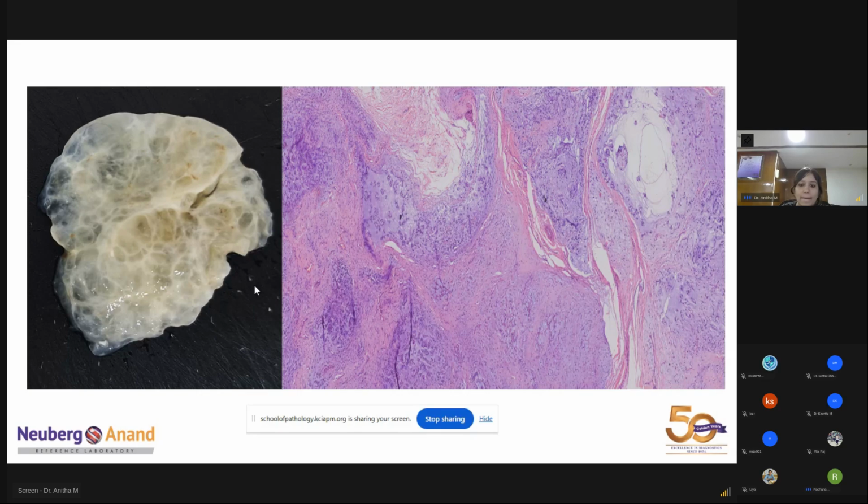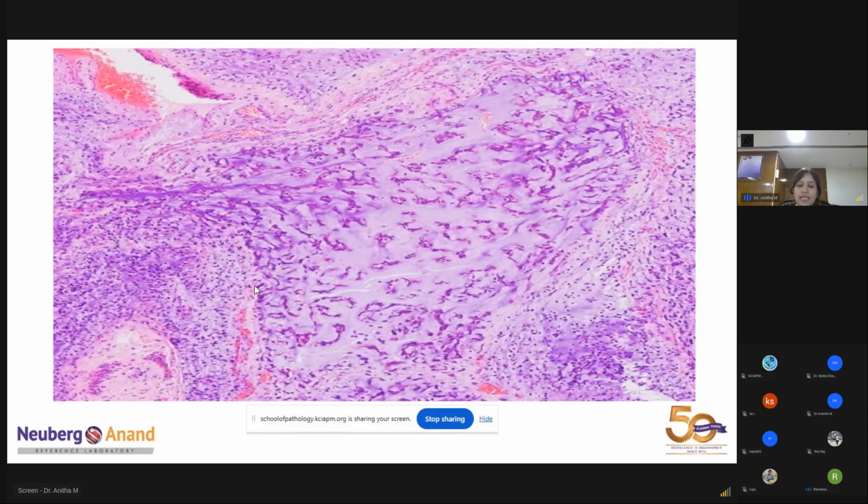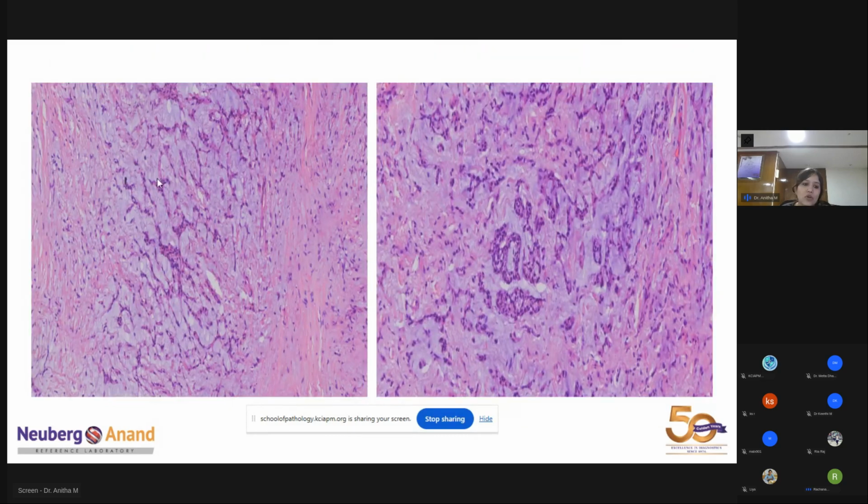Do you agree? Yes, ma'am. If we look at the individual tumor cells, they had a characteristic arrangement. Individual tumor cells are interconnected with one another, forming a short chain or a linear cord. Apart from these linear cords, there were trabeculae, a few clusters, tubules, and a vague cribriform pattern.